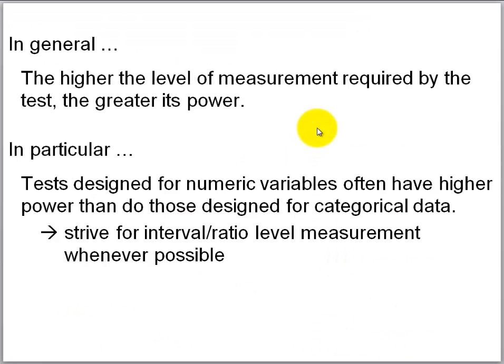The final factor that bears on power is the type of test used, and the type of test used depends on the level of measurement. In essence, the higher the level of measurement, the greater the power of the test. In particular, tests designed for numeric variables often have greater power than those designed for categorical variables.